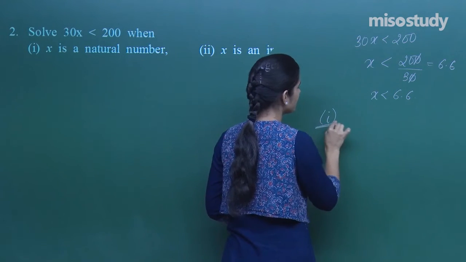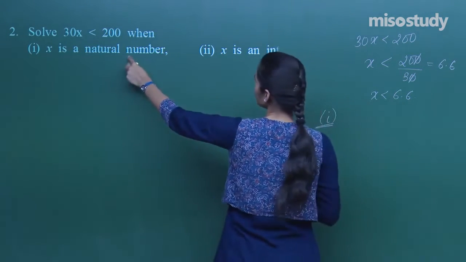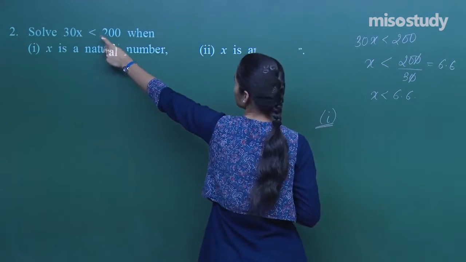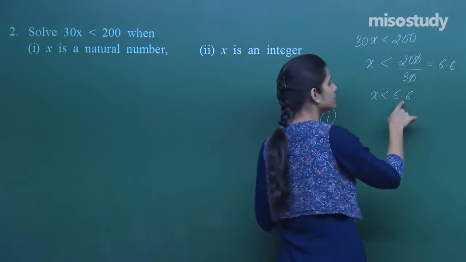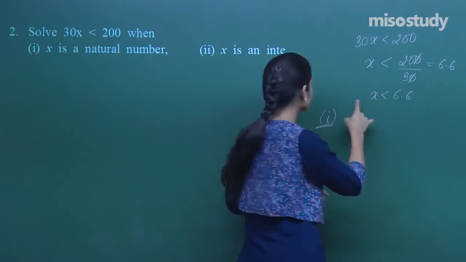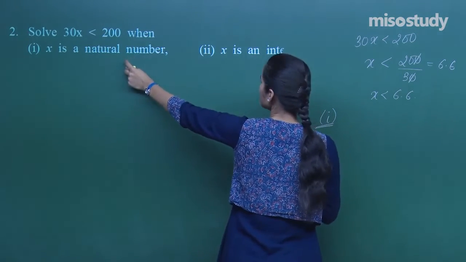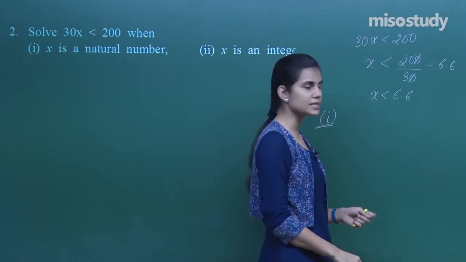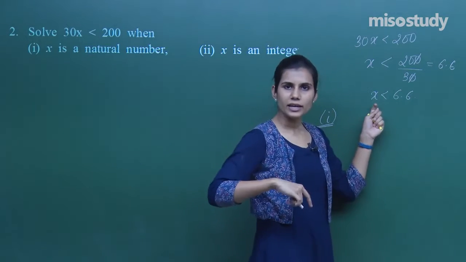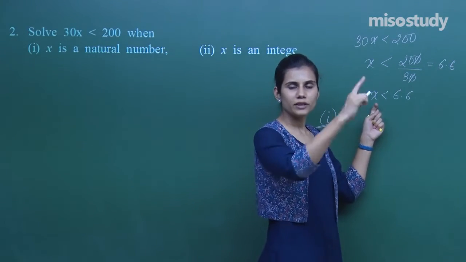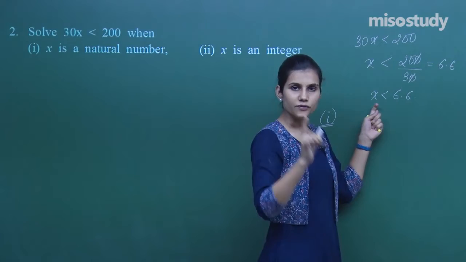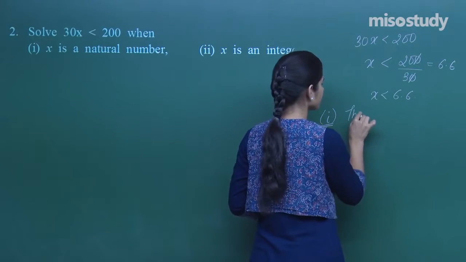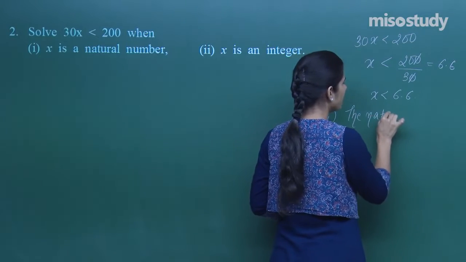First part. I want all the natural numbers which are solutions of this inequality. All the numbers which are solutions are those numbers which are strictly less than 6.6. If I want the solution in natural numbers, I want those natural numbers which are strictly less than 6.6. Natural numbers begin from 1, then 2, 3, 4, 5, 6, 7 and 8.